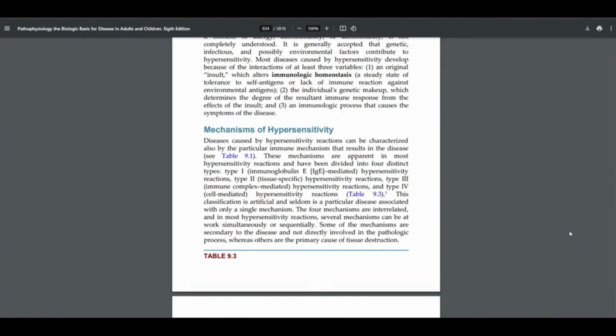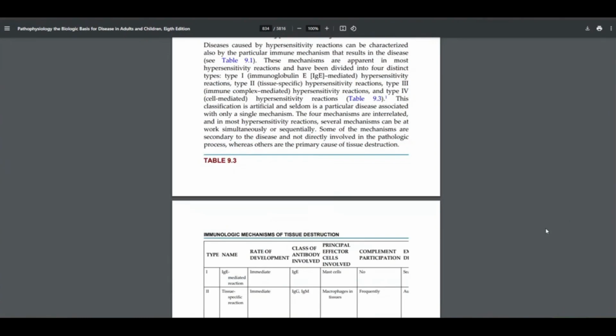Looking at table 9.3, this classification is artificial and seldom is a particular disease associated with only a single mechanism. The four mechanisms are interrelated, and in most hypersensitivity reactions, several mechanisms can be at work simultaneously and sequentially. Some of the mechanisms are secondary to the disease and not directly involved in the pathologic process, whereas others are the primary cause of tissue destruction.